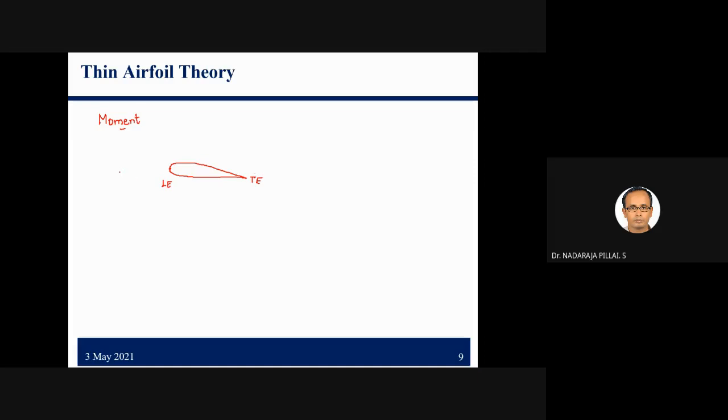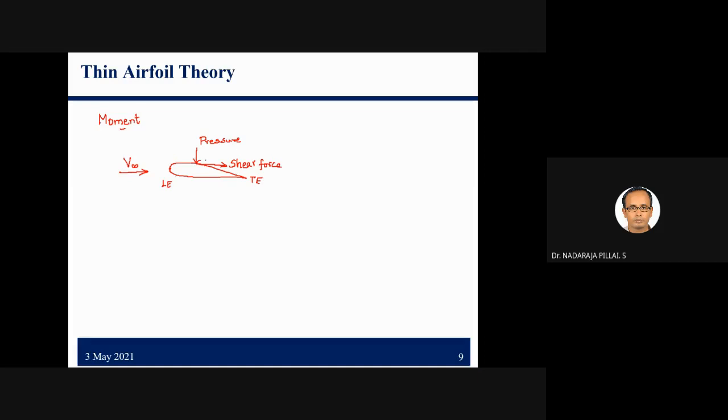So when there is a free stream velocity V infinity, because of the shear force and the pressure force, here you have a pressure force, and pressure acts normal to the surface, and the shear force acts tangentially on the surface.